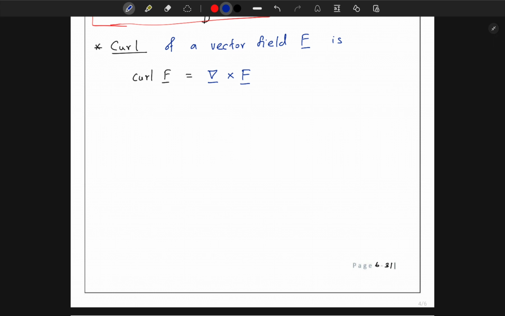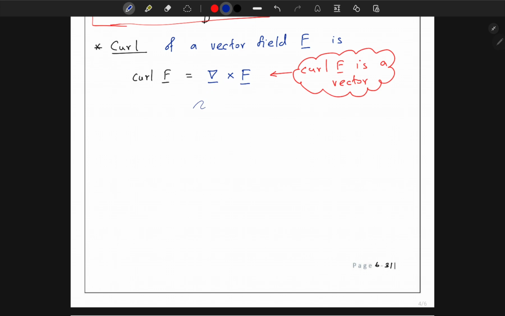Now curl is the cross product. As soon as we have a cross product, it's no longer a number, it's a vector. So curl of F is a vector. The divergence of F was just a number or a scalar. Curl is a vector.